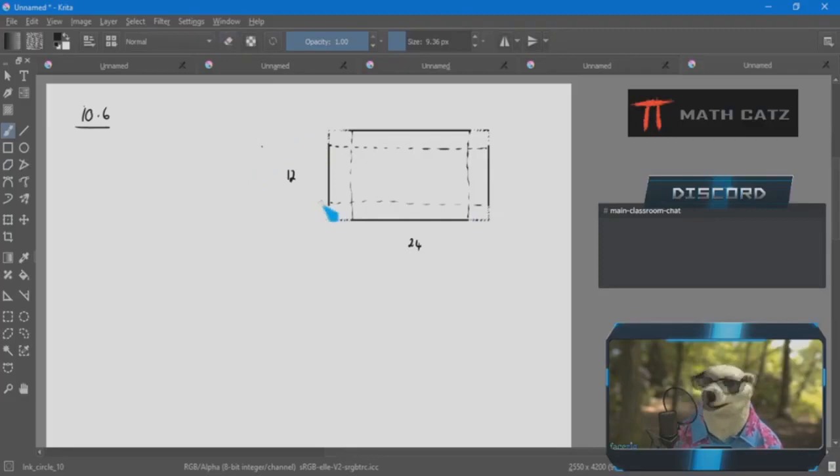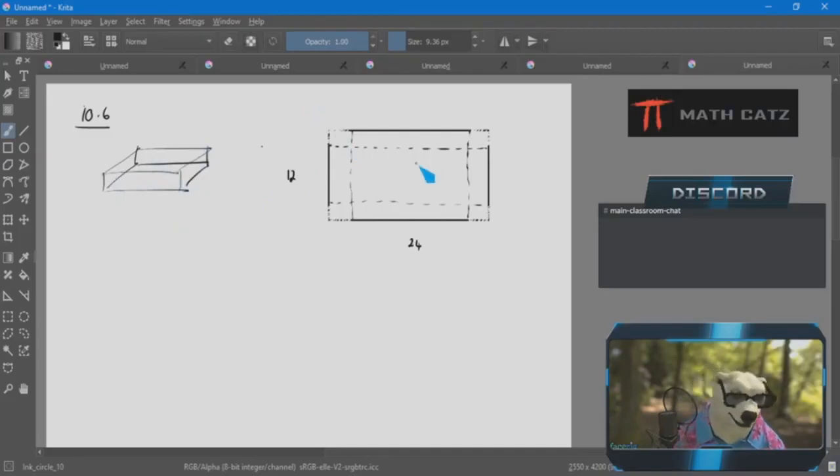So I like to take my time with this. There's no rush. Then I'm going to fold this up, right? So it's going to be a box and it's going to be folded up like so, something like that.